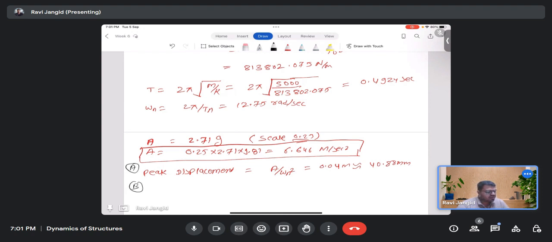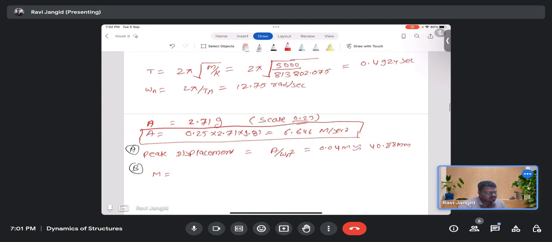Now in B, we need to calculate the bending moment in the shorter column. The bending moment can be given as 3EI by L square into U naught. Did you understand how I write 3EI by L square?